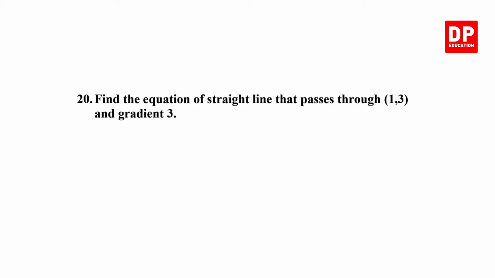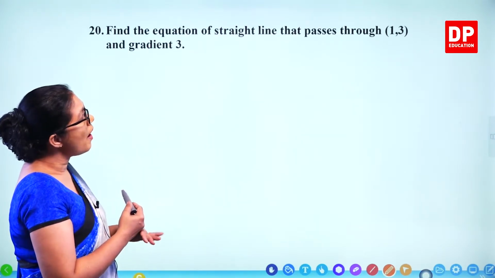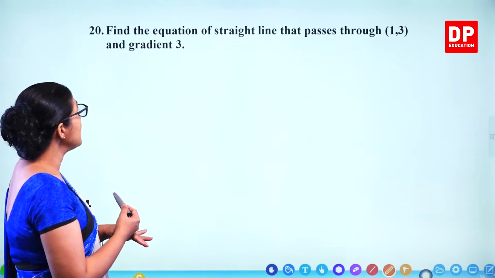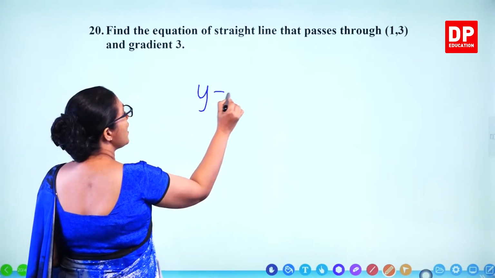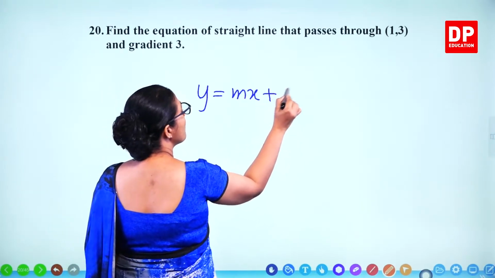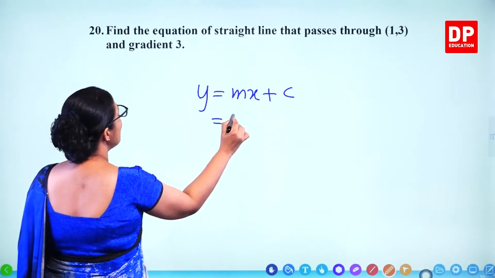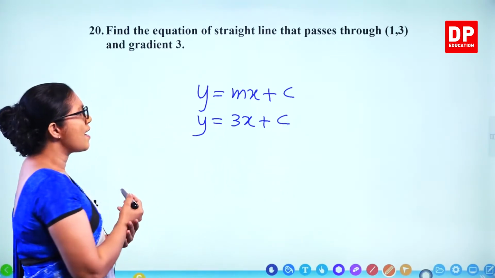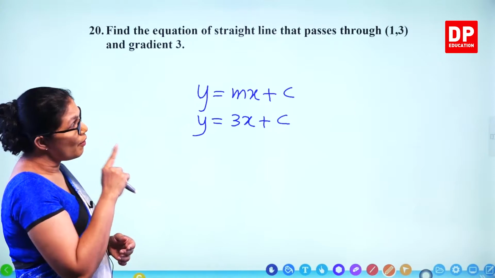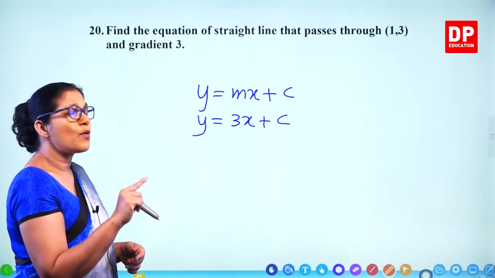Question number 20. Find the equation of the straight line that passes through the point (1, 3) and has gradient 3. What's the equation of the line? Y equals mx plus c form. We know m is 3, so I can plug 3 here. How can I find c now? We know that point is on the line, so it satisfies the equation.